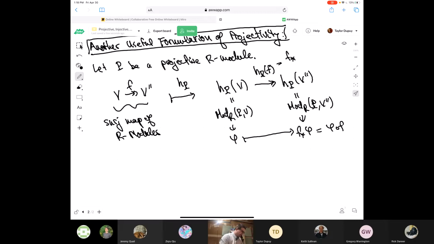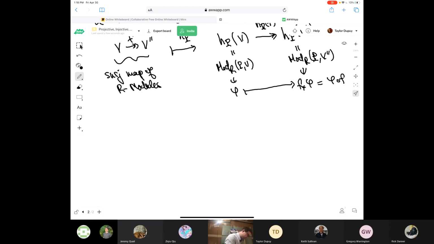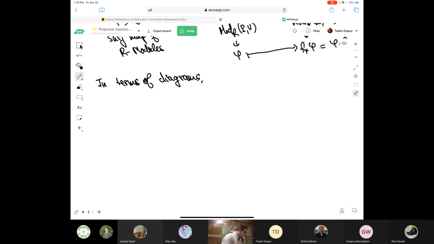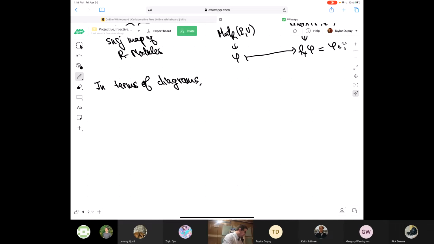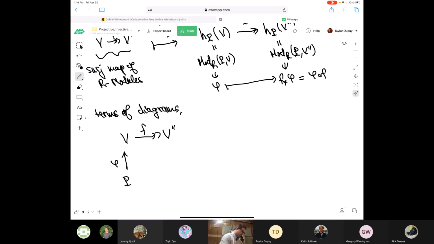Let's look at this in terms of diagrams. What does the push forward map do? We're given this situation: P, this is phi, and then we have F here.